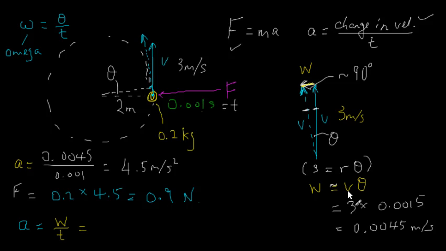Now W, as I've found here, is very nearly equal to velocity times this small angle, because this length of W is very close to the arc of a circle centered at this point, since the angle is very small. So W is very nearly equal to v theta, velocity times the angle, over time.